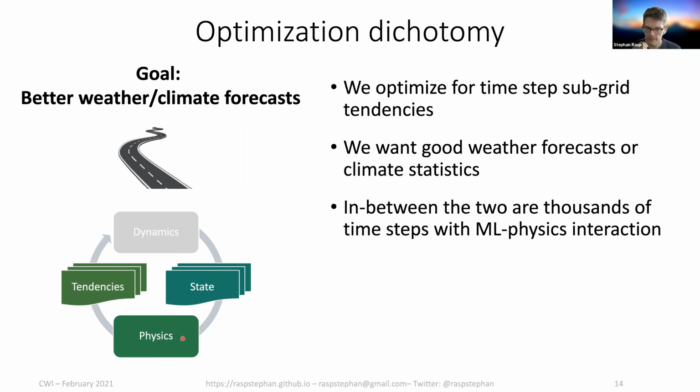And simply hoping that a model that does well on this very isolated task also gives you a long way down the road better weather and climate forecasts, well, evidence has shown that this is not always the case.